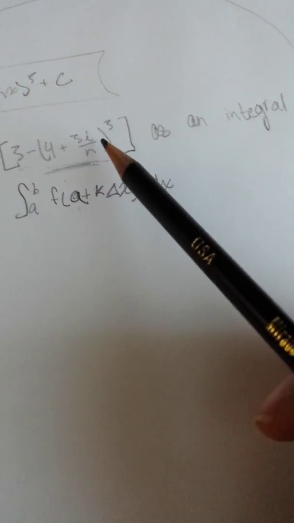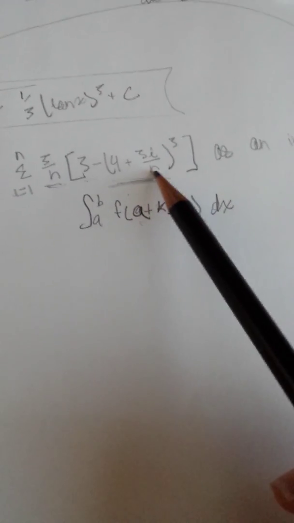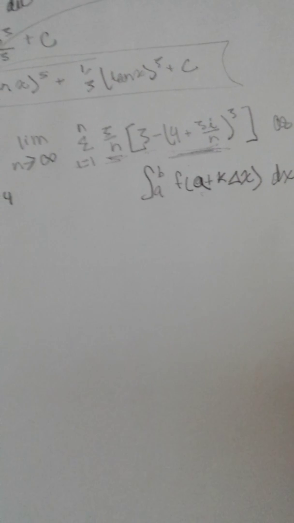Okay, so you can tell that your k is most likely going to be 3 over n, and you can verify that by looking at the outside, because if it's here, it'll also be here. So that's what k is going to be.